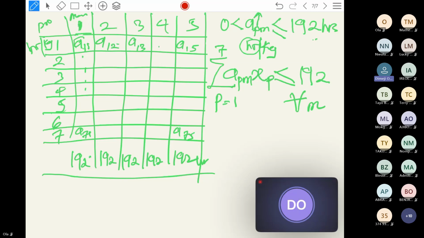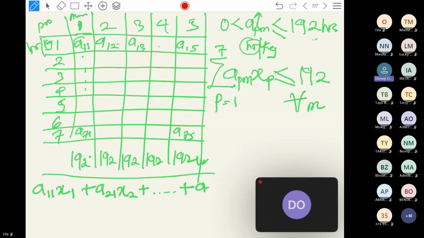What it means is that I have A11 X1 plus A21 X2 plus, and so on, A71 X7, less or equal to 192.